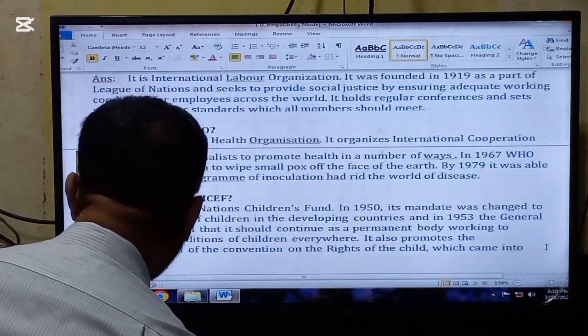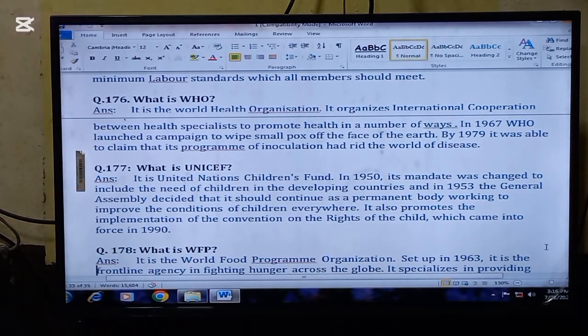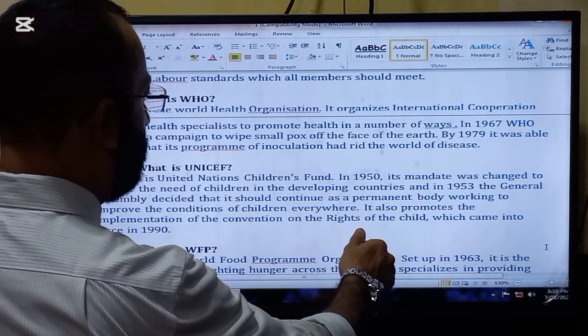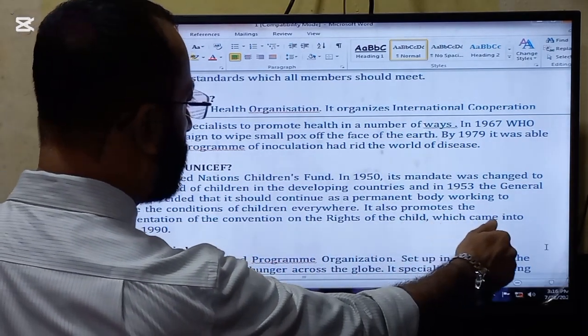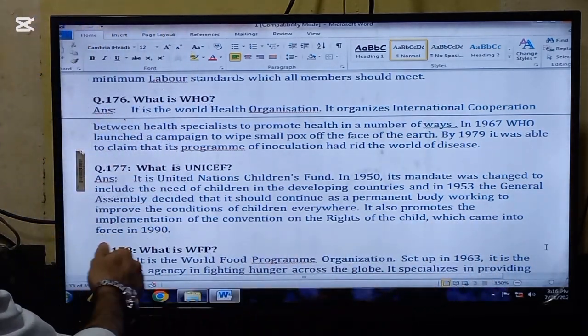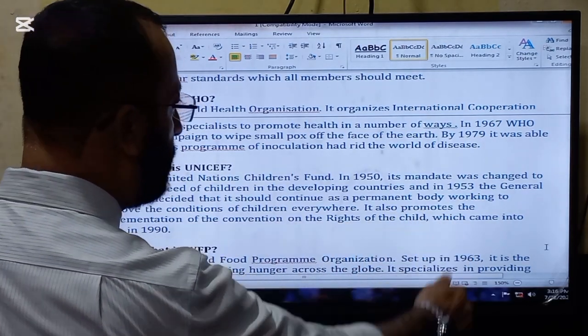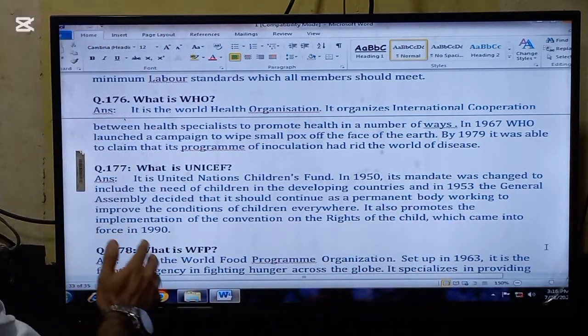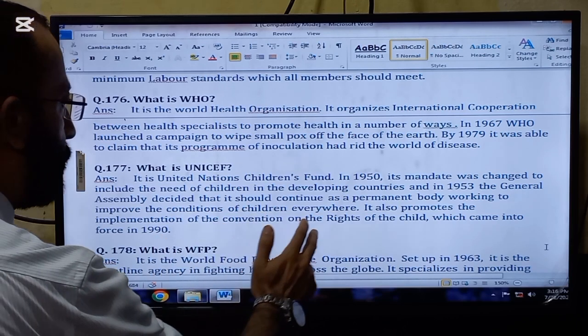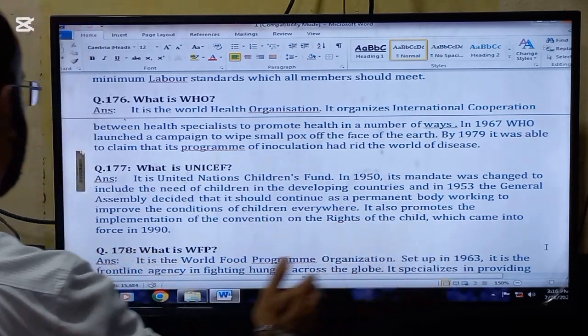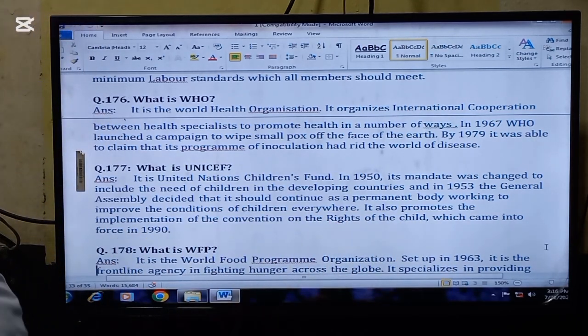The next important question for today is, what is UNICEF? It is the United Nations Children's Fund. In 1950, its mandate was changed to include the needs of children in developing countries. And in 1953, the General Assembly decided that it should continue as a permanent body working to improve the conditions of children everywhere.